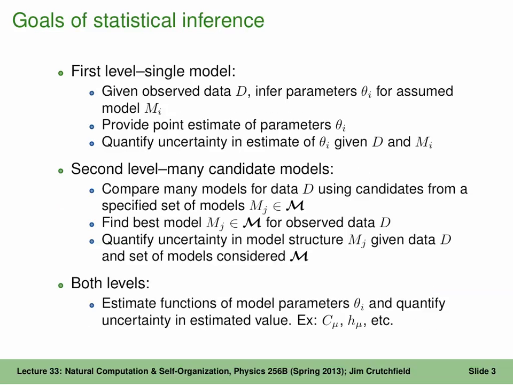Let's get started. Partly I've already been describing this, but I'll introduce some of the notation and how we're doing things. So the first level, again, is today, where you're given a set of data, which I'll generally use D for. We're going to infer parameters, which in statistical inference is often called theta, and this can be one or more parameters. It's very non-specific.